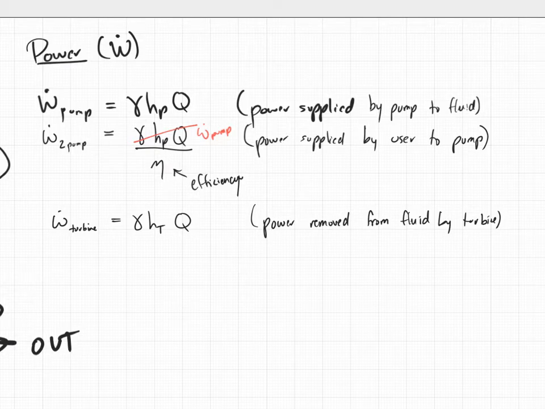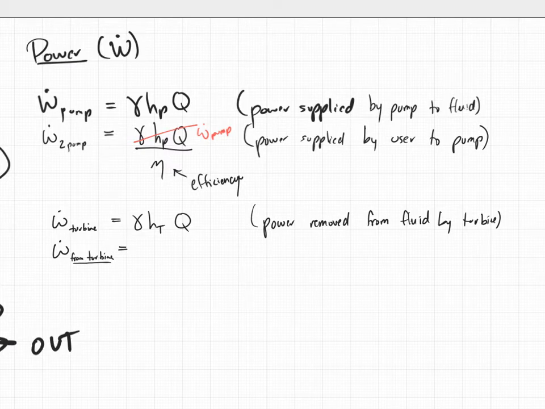Now this leaves something open for possibility, so I'm going to call this the power from the turbine. Sometimes you want a quicker thing to write right there, but it's better to write these things out so you know what you're talking about and don't get confused.